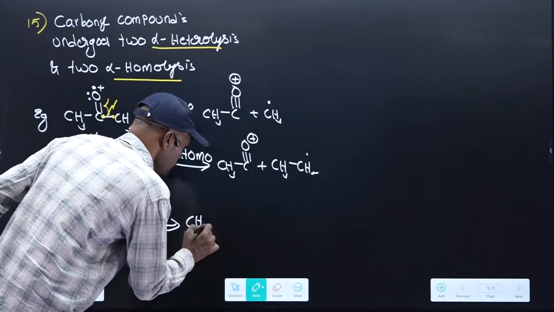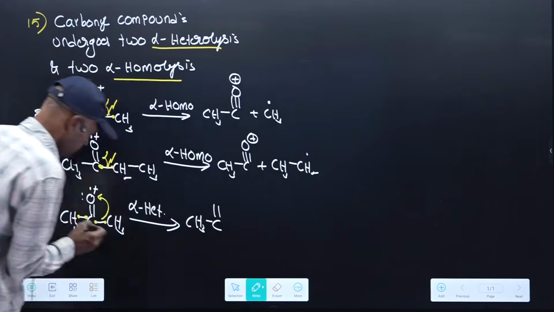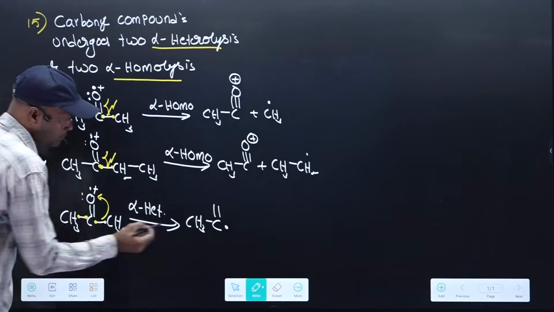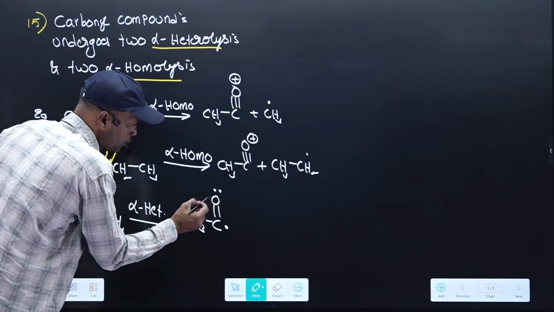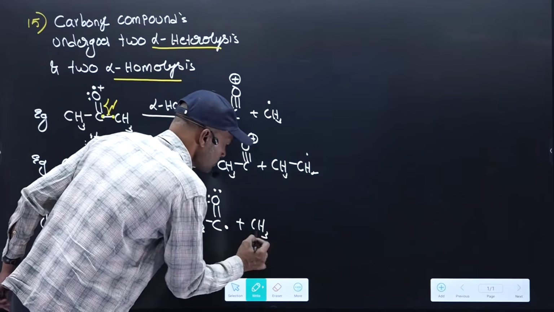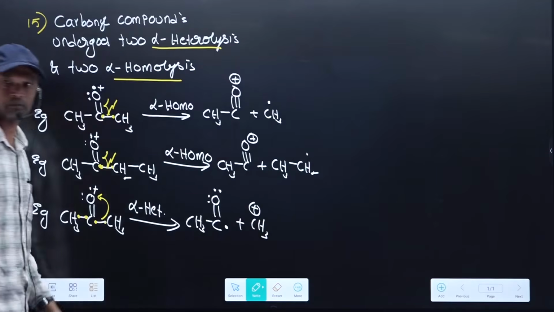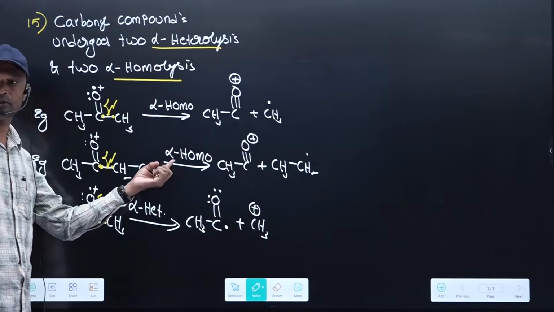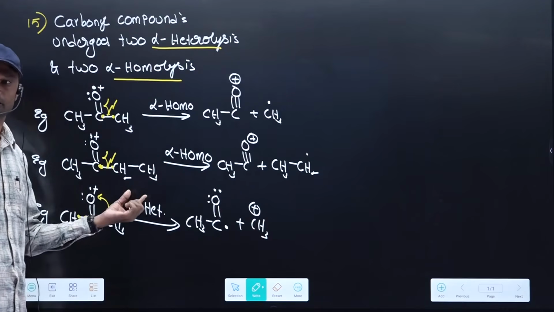Then how is CH3 removed here? See, this radical is as it is. This electron will be added here. If you add the electron, you will get a lone pair, and here one more lone pair, and this CH3 is removed as CH3 plus. That is a way of fragmentation. This is alpha heterolysis, this is alpha homolysis. Both are possible for a carbonyl compound.